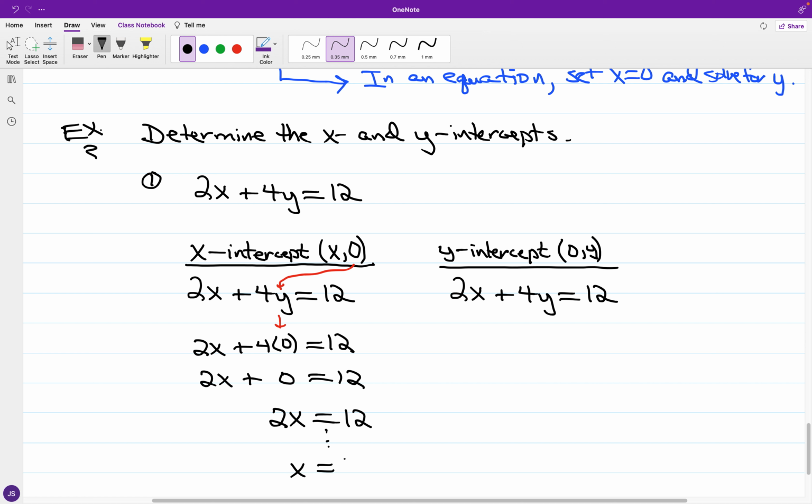Now for the y-intercept, x will be set to 0. So the left-hand side of the equation is going to be 4y. In fact, you don't have to write 0 plus 4y.